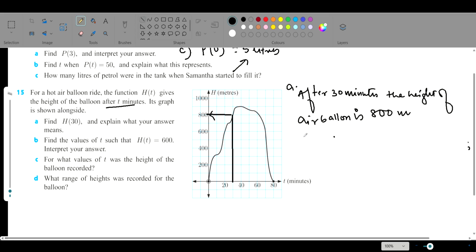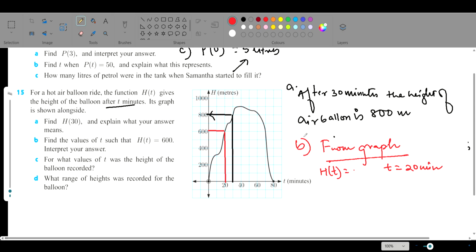From the graph only we can determine this. So you can see at 600 the time was 20 minutes from the graph. So for B, we can write from the graph: for H(t) equal to 600 meters, t is 20 minutes.